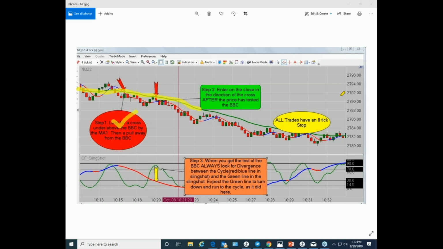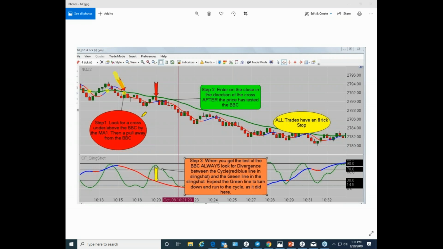When the MA1 is crossing the BBC, as it does there, and the MA1 is red, that is called a bearish cross. When the MA1 is blue and crossing the green line, that is a bullish cross. The one that's highlighted here is a bearish cross, because the MA1 is red.